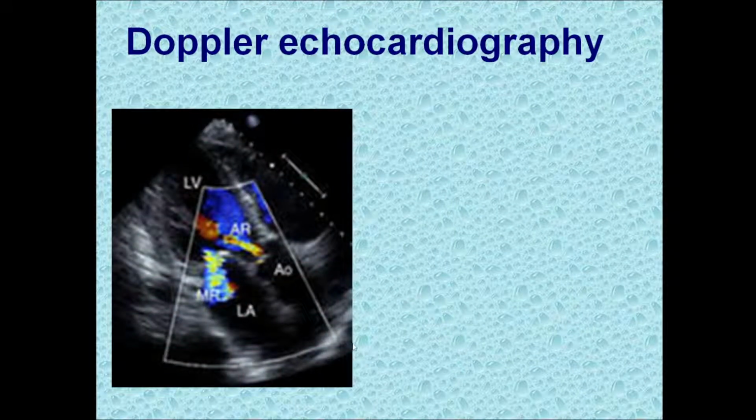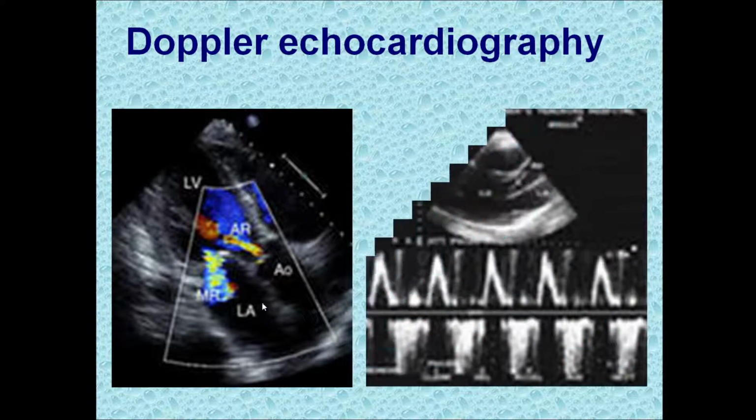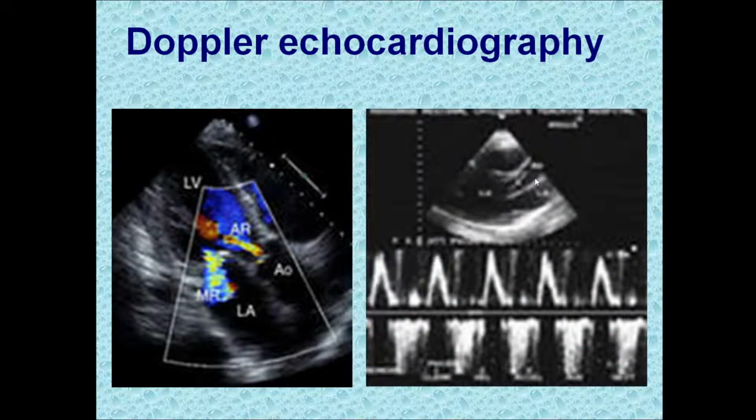And if you see the colored picture, you can also easily see normal blood flow from the left atrium into the left ventricle, which is bluish color, and abnormal comeback blood flow from the aorta into the left ventricle, which mixes with normal blood flow.